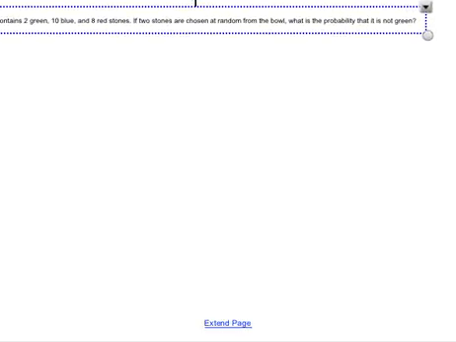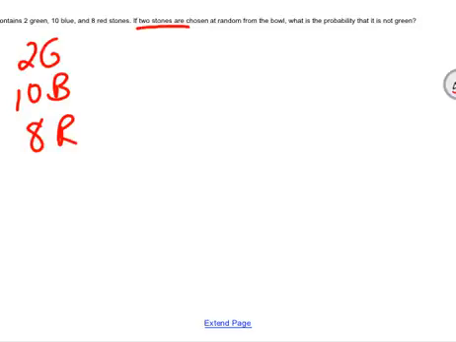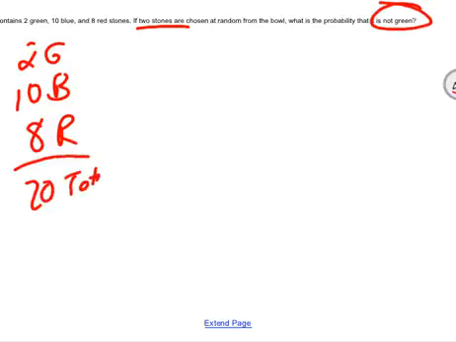A bowl contains 2 green, 10 blue, 8 red. If 2 stones are chosen at random from the bowl, what is the probability that it is not green? So what I would have done, oops, this is a G. So 2 green. We want not green. So out of this total, I see that there's a total of 20.